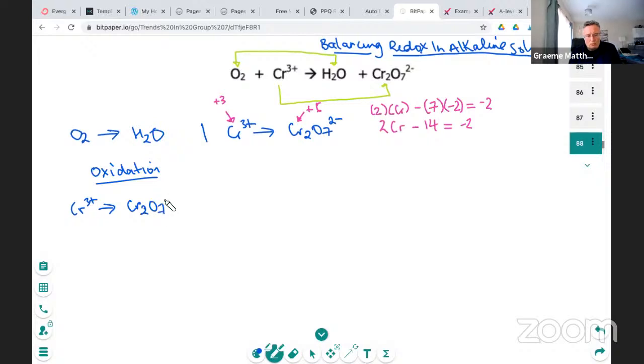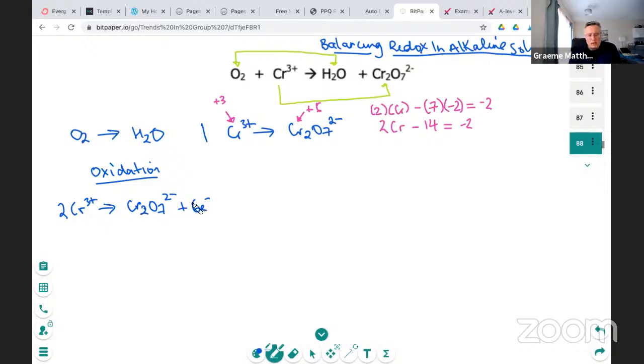Let me do this one real quick. I've got 1 chromium here, 2 chromiums over there. So I need a 2 in front of the chromium, the element that changes oxidation state. Done that. Now, each chromium is losing 3 electrons. Because there are 2 chromiums, that would be 6 electrons.